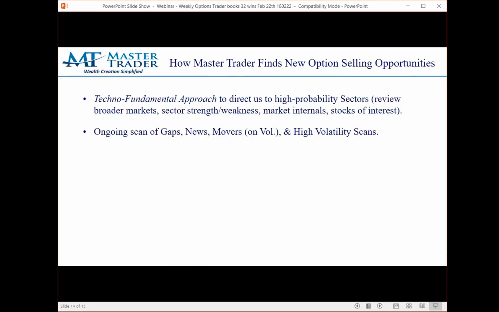But we're always looking at gaps, news, movers. I have a high volatility scan on my Thinkorswim platform that I created. So once we have our optionable trades of interest, then I analyze what we can get paid. What can we get paid for assuming that risk? And that's what we're going to walk through a few examples right now.